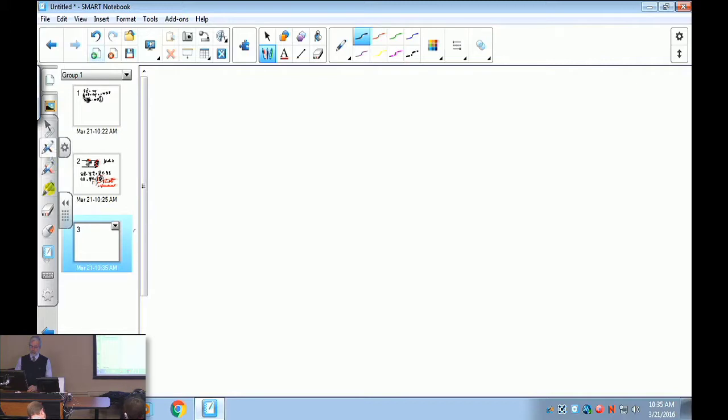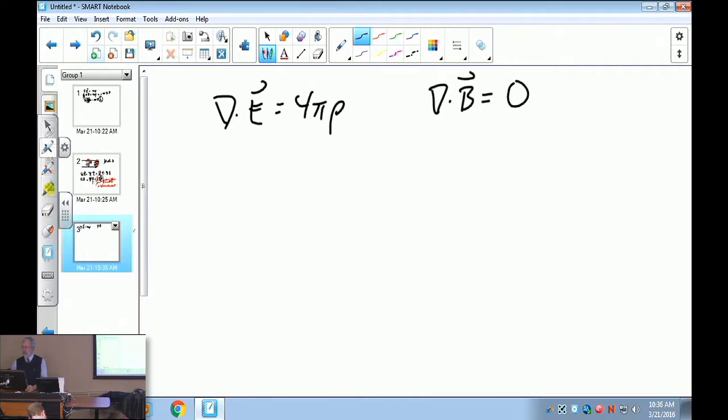Remember, we had the diverging equations. The divergence of E was 4 pi rho, and the divergence of B is 0. Those are still in that form.